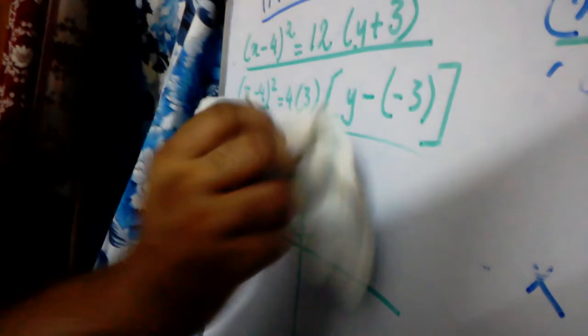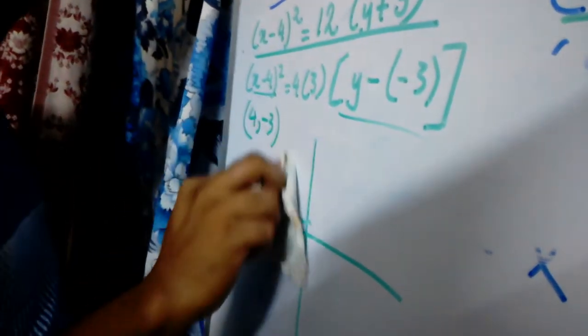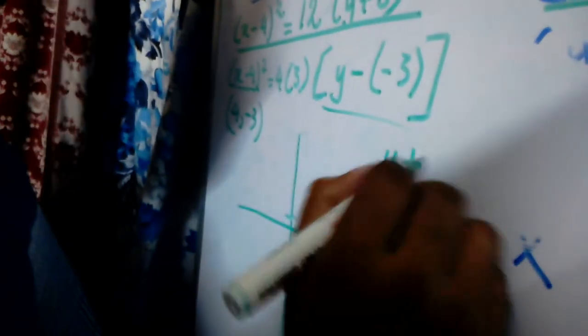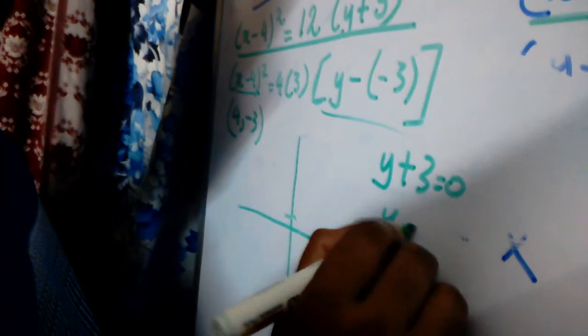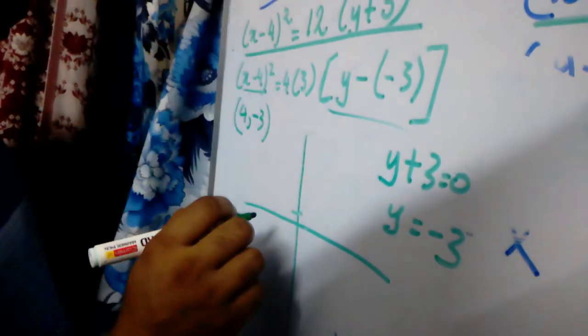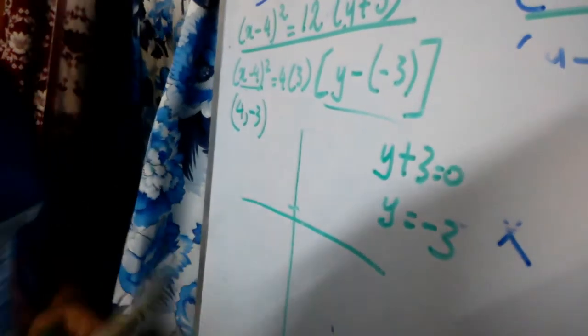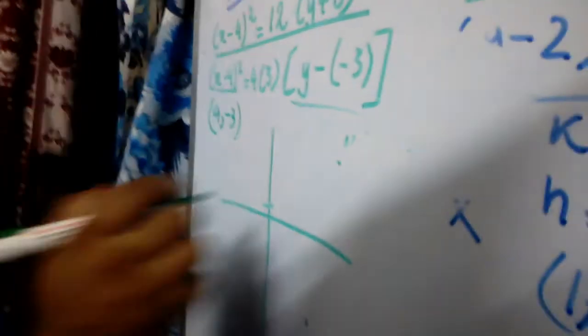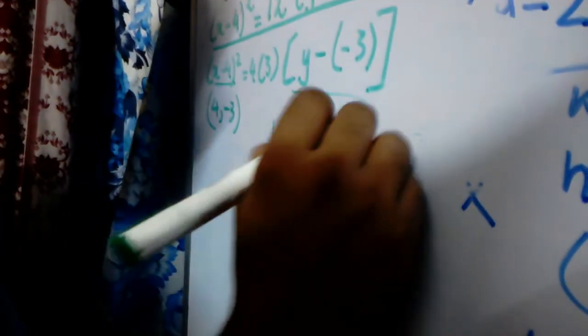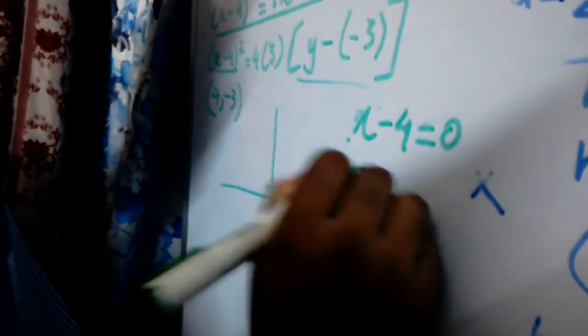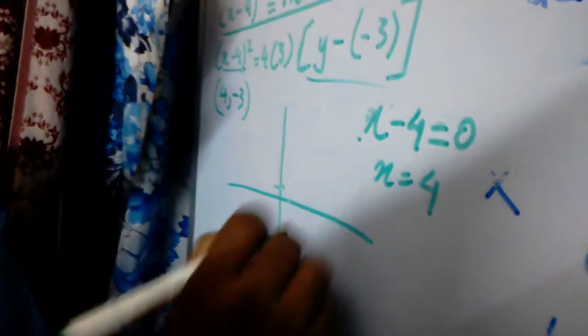Sorry, the axis of symmetry is x minus 4 is equal to 0, or x is equal to 4.